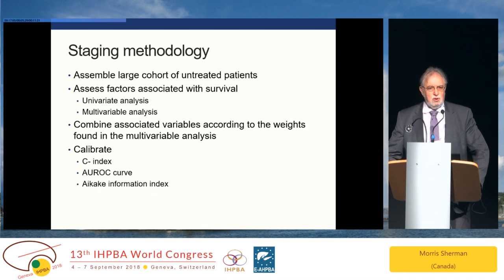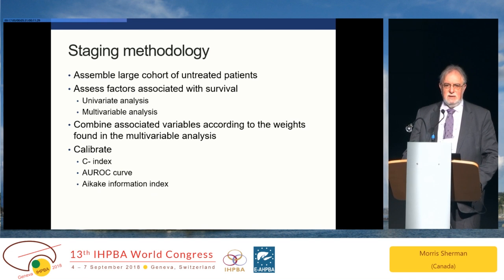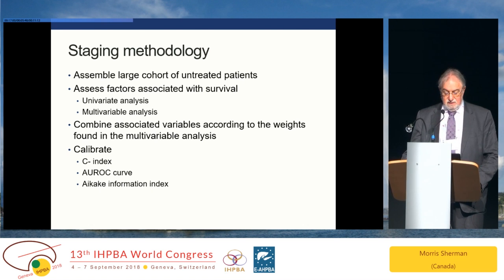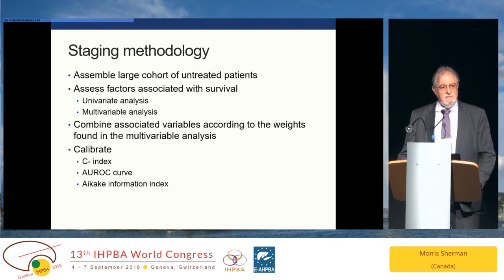So how should a staging system be developed? The classical method is to assemble a large cohort of untreated patients, to assess the factors that are associated with survival using initially univariate and then multivariate analysis, and combine the variables that are significantly associated with outcome according to the weights found in the multivariable analysis.